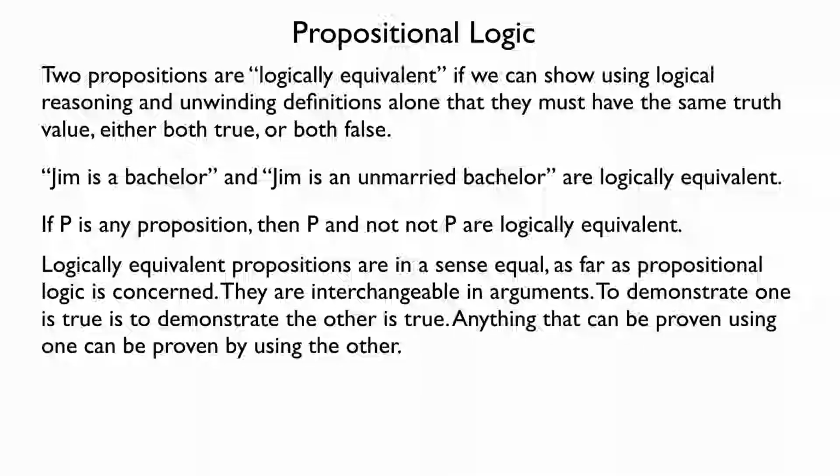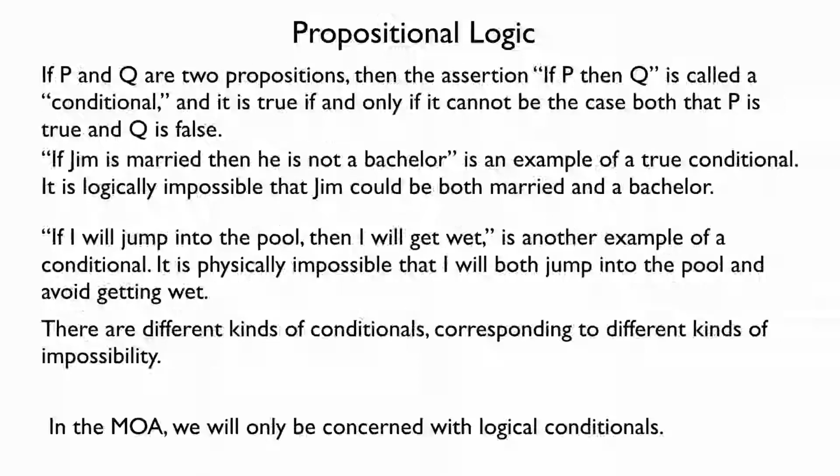If P is any proposition, then P and not not P are logically equivalent. For example, if P is true, then not not P is true, and if P is false, then not not P is false. Logically equivalent propositions are in a sense equal as far as propositional logic is concerned. They are interchangeable in arguments. To demonstrate one is true is to demonstrate the other is true. Anything that can be proven using one can be proven by using the other.